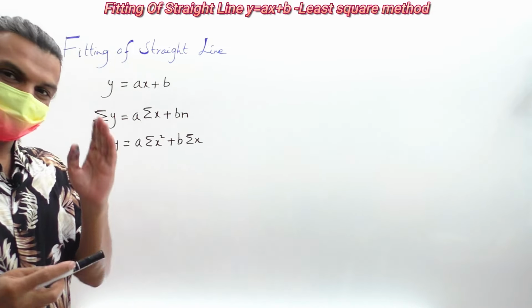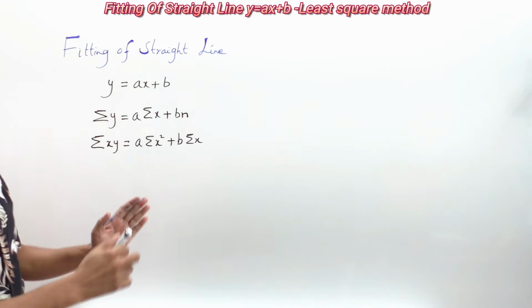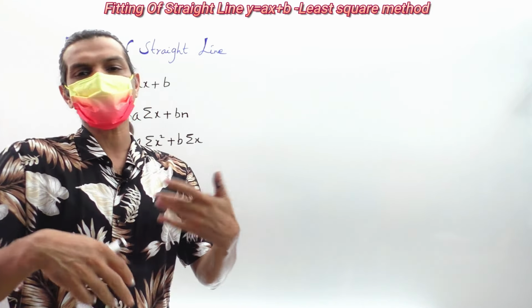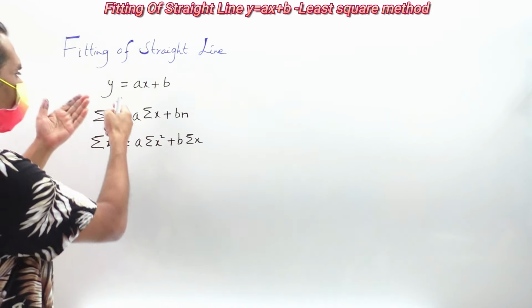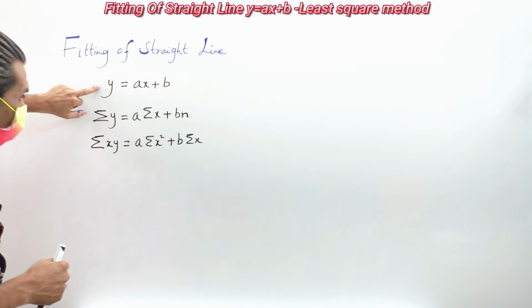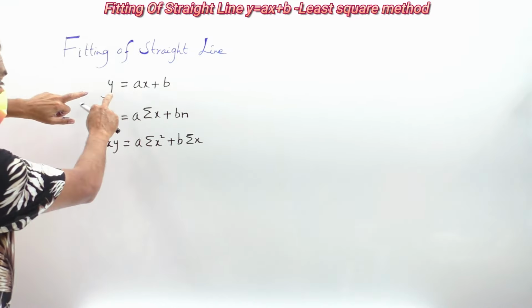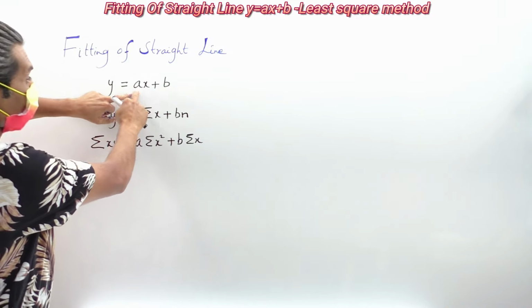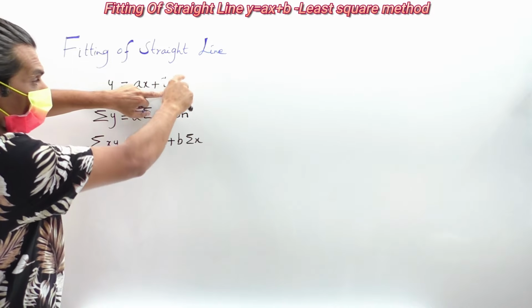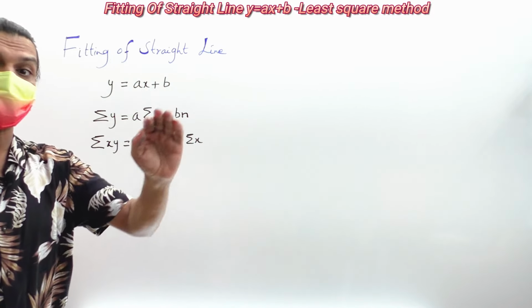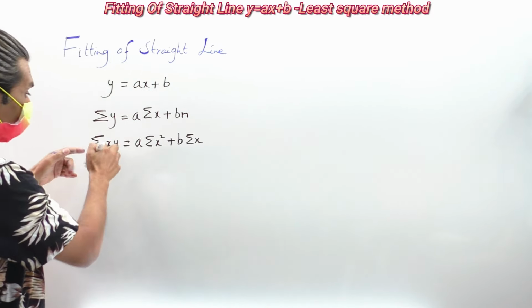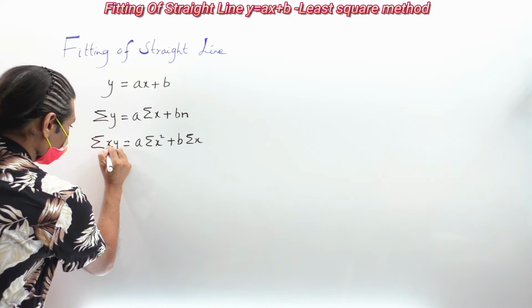Finish. So what I did, I have an equation of a straight line. They may give it, or if not given, you can take it as you wish. Okay, you can take it as y equal to ax plus b. Apply summation here. Apply only two times. Why? Because only a and b are there. Correct. So sigma y is equal to a into sigma x plus b into, when I apply summation, it becomes bn. Here n is the number of terms. Next, again apply sigma x, that is multiplied by x.